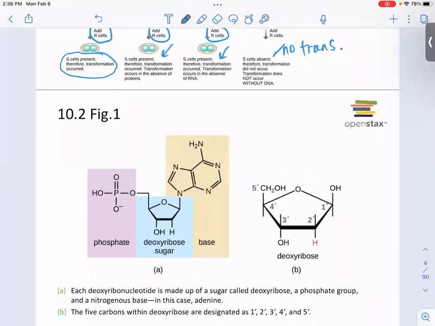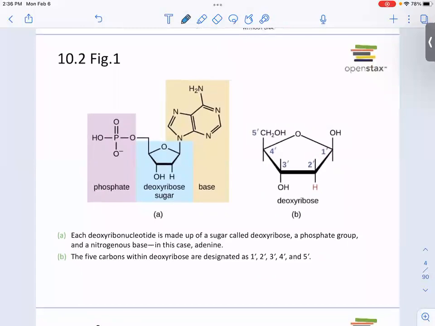Okay, so structure of DNA. Hopefully this looks somewhat familiar. There's going to be a sugar. Okay, and this is a 5-carbon sugar, we call that a pentose sugar. So deoxyribose, that's a sugar.